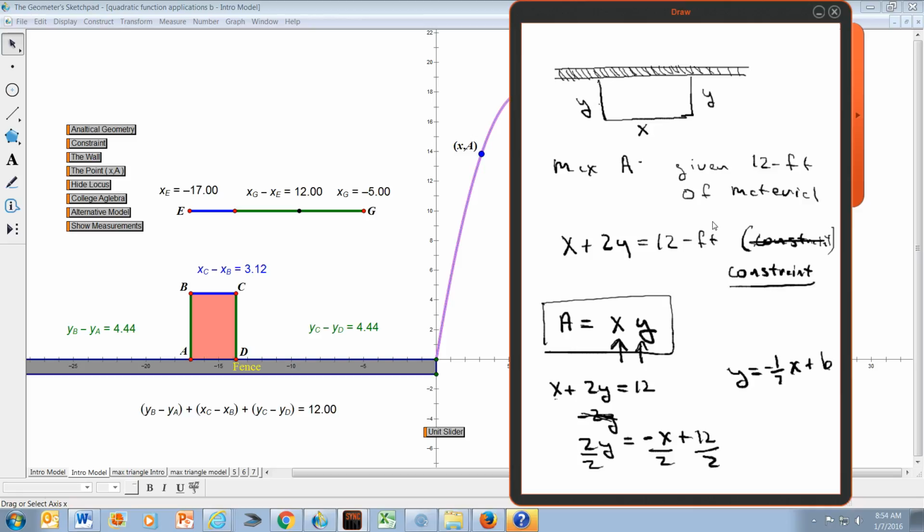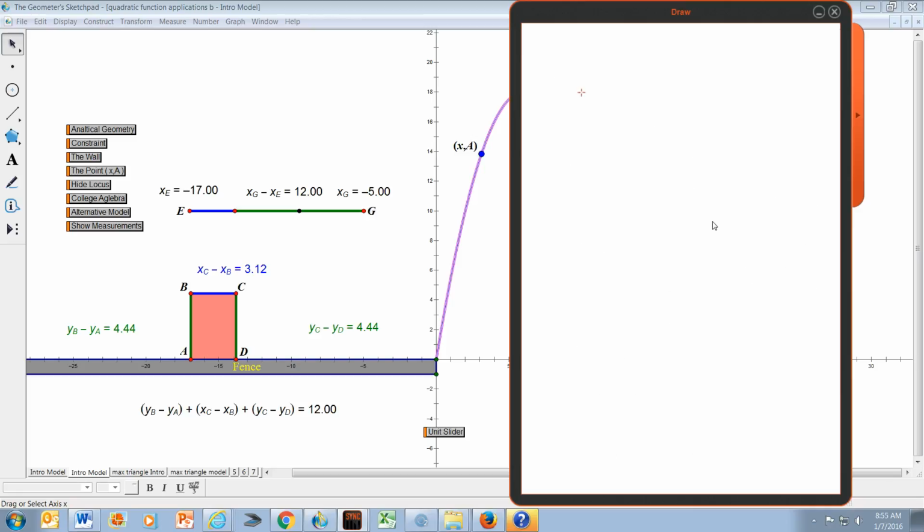Let me clear up some chalkboard here. We had our area of our rectangle being x times y, and we also had y being minus 1/2 x plus 6.